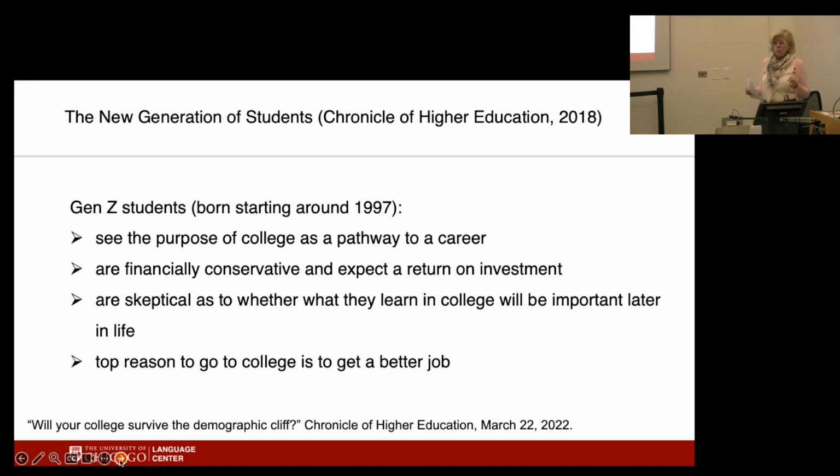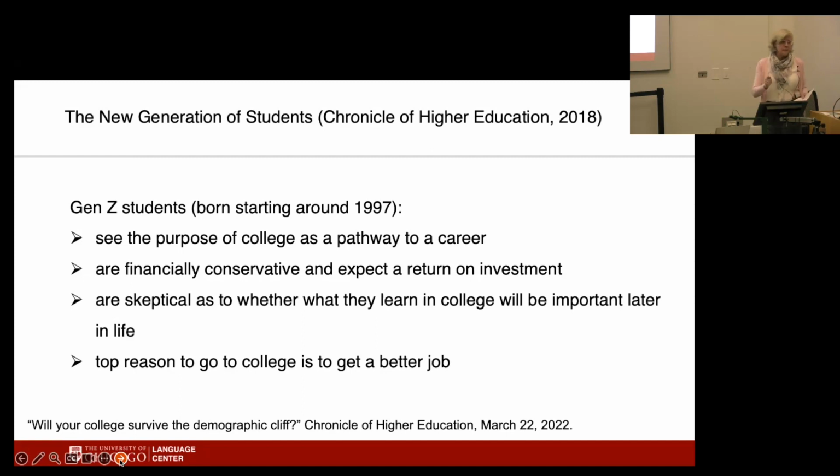So the students born starting around 1997, some say 95, some say 98, have a very different view of higher ed. They were young teenagers during the economic crash in 2008, and they saw these really dire things happen to their families. Families lost their homes, parents lost their retirement income.